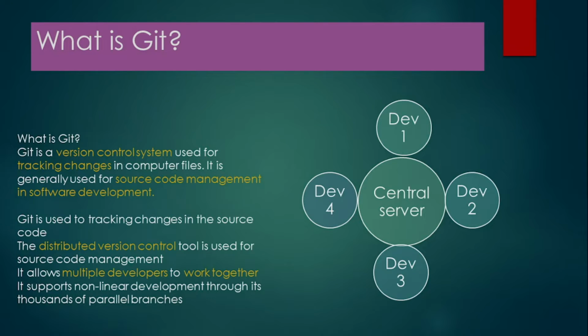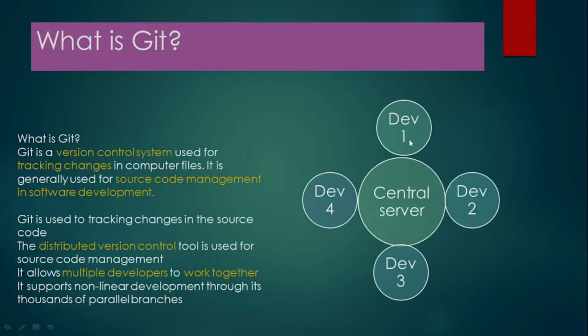And how does this work? Suppose, taking an example, we have a central server system of GitHub, where developer 1, developer 2, developer 3 and developer 4 work, and developer 4 is a senior candidate. The main idea over here is that we have a program, and developers 1, 2 and 3 are working on different modules of the same project, the same code.